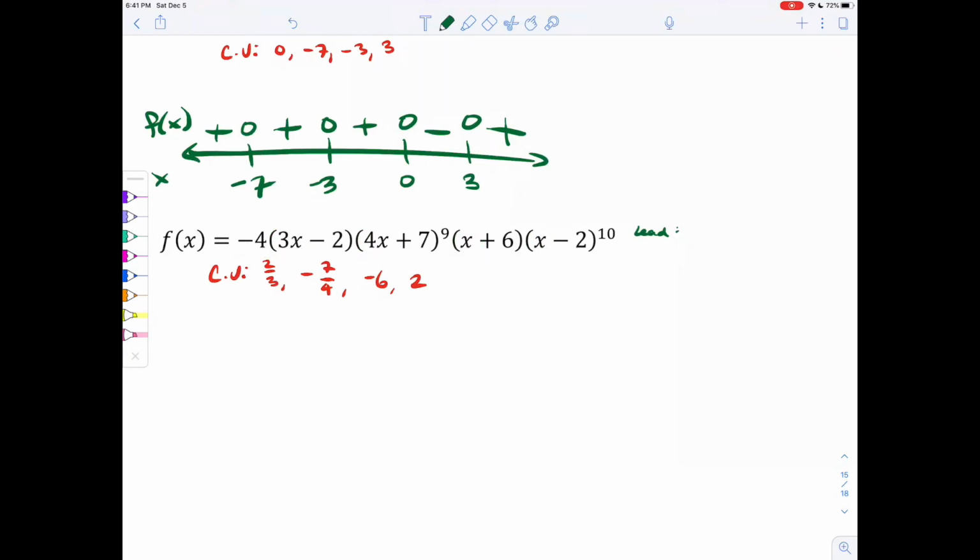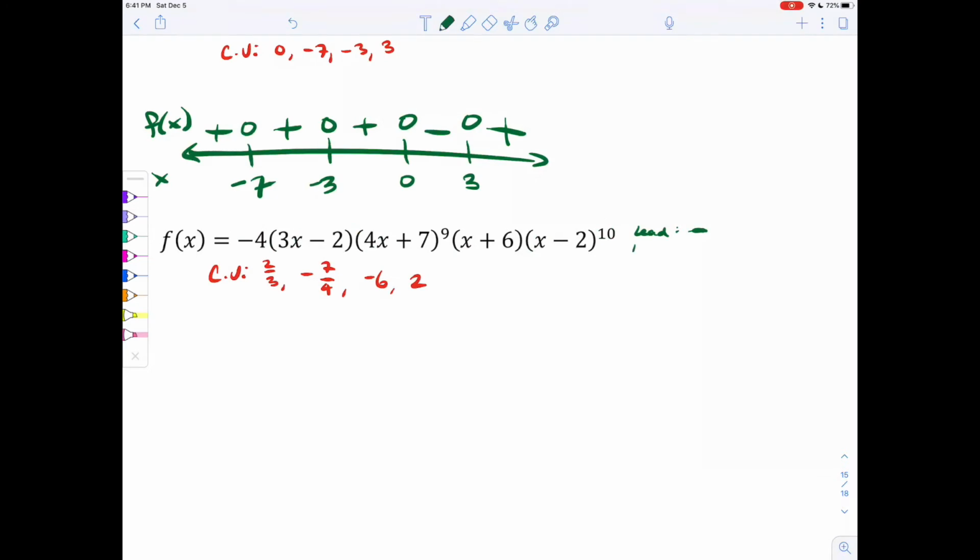So the actual value will be 3 to the power of 1 times 4 to the power of 9 times 1 to the power of 1 times 1 to the power of 10 times -4. For the purpose of getting the sine diagram, I don't need its value, but I do need to know if it's positive or negative. In this case, it's positive times a positive value times a positive value times a positive value times a negative value. So this lead is negative.